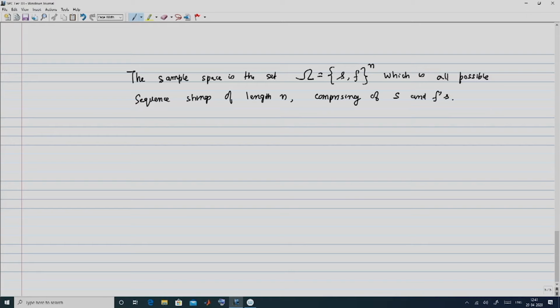So this sample space omega is nothing but a sequence of S's and F's where the total number of such characters is going to be little n.